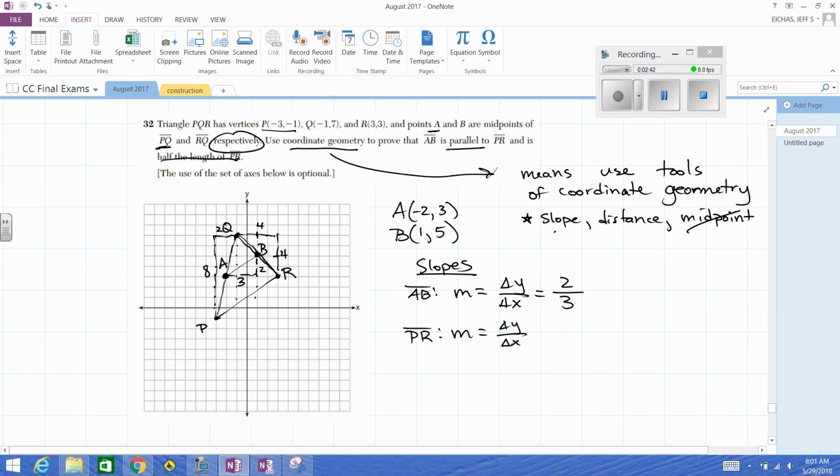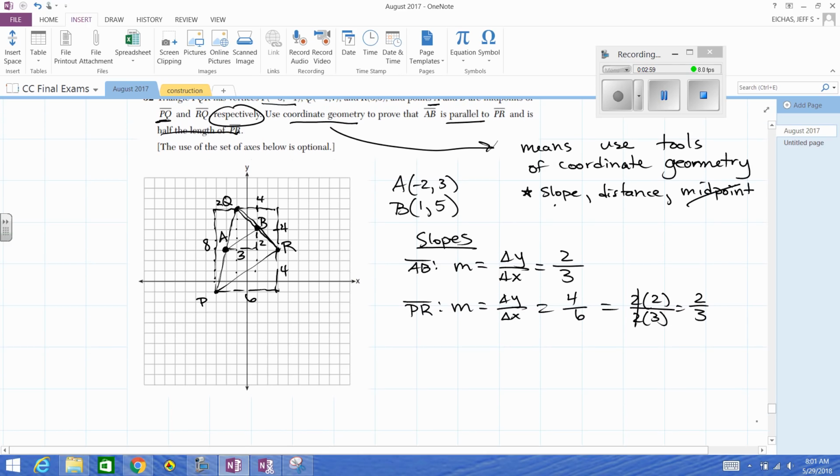Let's go get those numbers. 4 for the change in y. So it's 2/3. Okay, so now I'm going to make this statement: AB is proven parallel to PR because their slopes are equal. We got to get better at that.